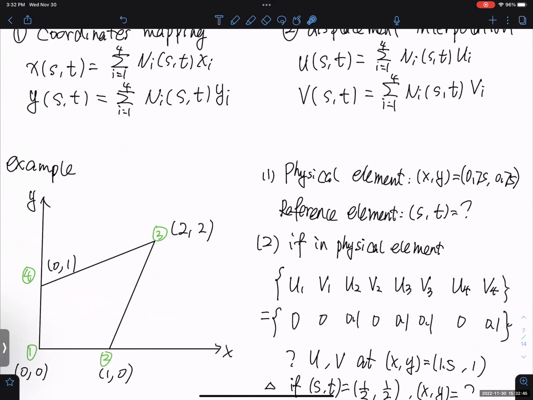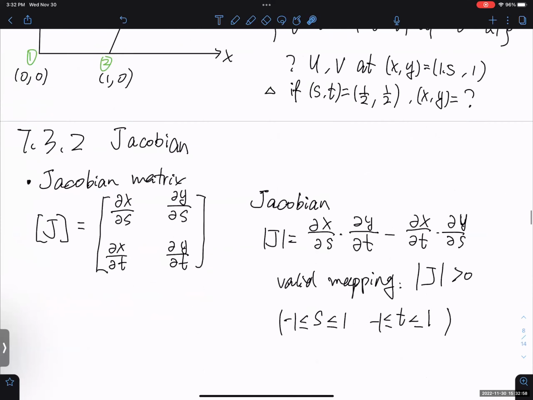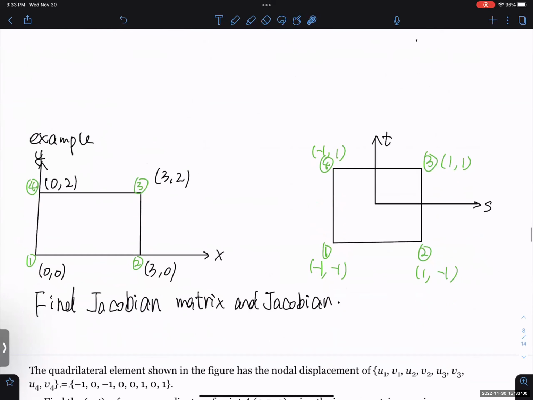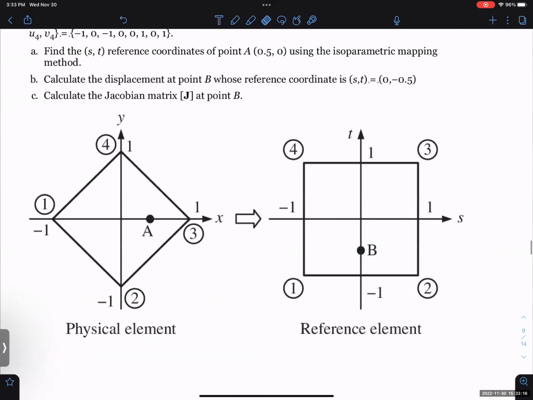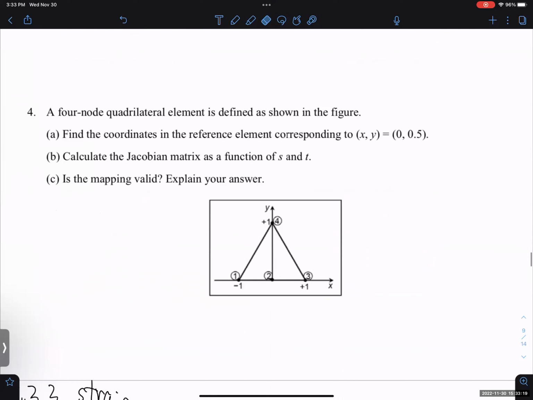And there's another way, I think I mentioned in class, which is that we check the interior angle. Mathematically, if it's between 0 and 180, it's fine. You will get a Jacobian greater than 0. But if there's an angle greater than or equal to 180, the corresponding Jacobian at that point should be 0.